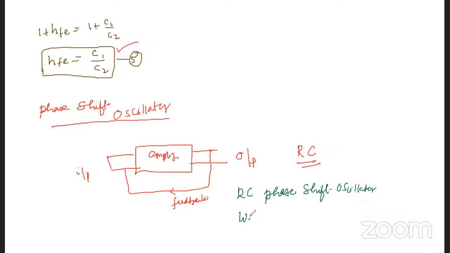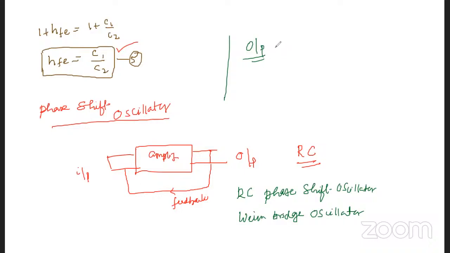The other one is the Wien bridge oscillator. This Wien bridge oscillator also works on the same principle, that is, RC oscillator. Both the RC phase shift oscillator and the Wien bridge oscillator come under sinusoidal oscillators. We have already seen the classification of these oscillators.